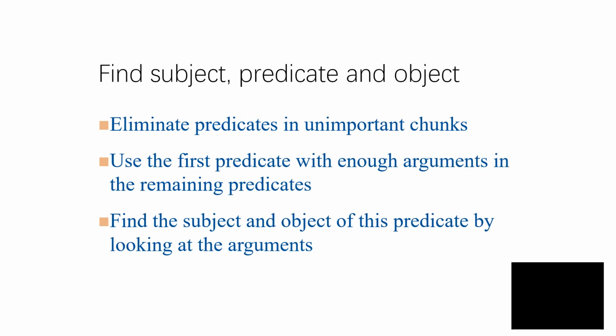And now I want to introduce how we can find the subject, the predicate, and the object. Firstly, we want to eliminate the predicates in the unimportant chunks, because in the PropBank we have every predicate in the sentence, but sometimes these predicates are in some unimportant part, like the clauses of the sentence, or those adjective phrases or adverb phrases that are not important.